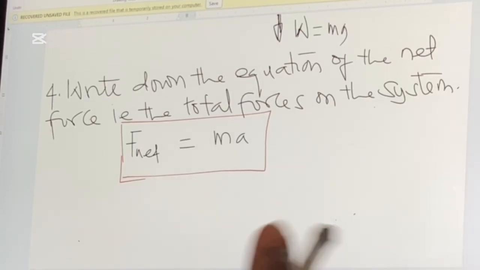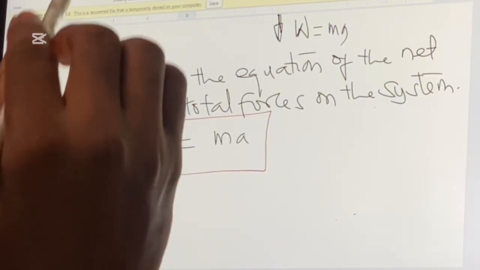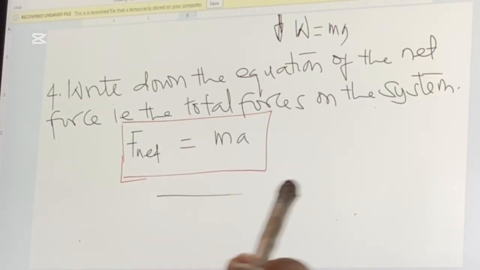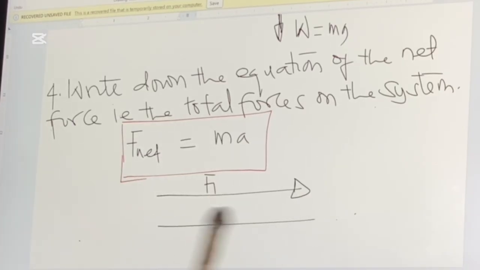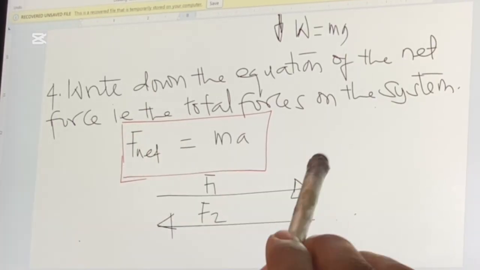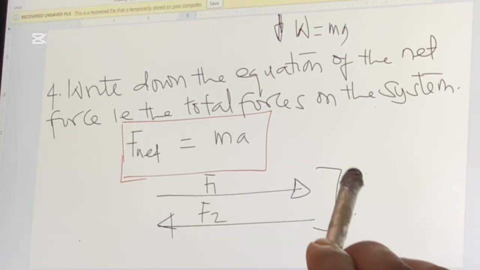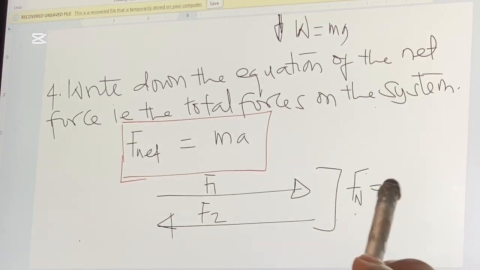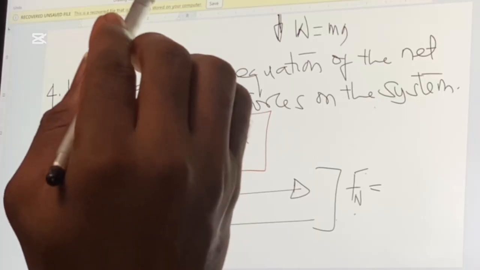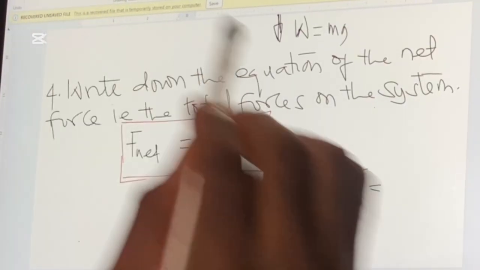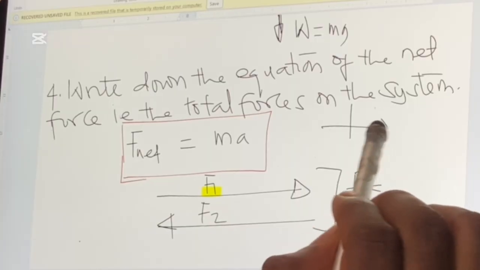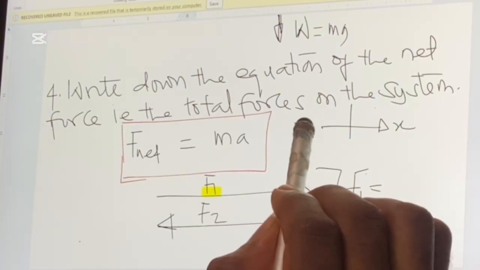Now, if I have two forces here, that is, if I have force 1 in this direction, F1, and force 2 in this direction, F2, the total force or the net force will be equal to, class, this first one here, F1, is going in the positive direction. Remember, if you have a Cartesian plane like this, here is positive, here is negative.